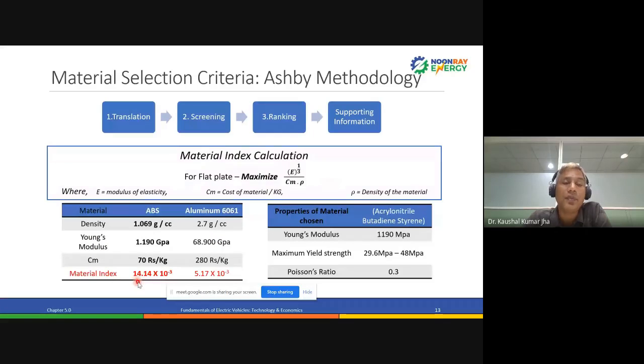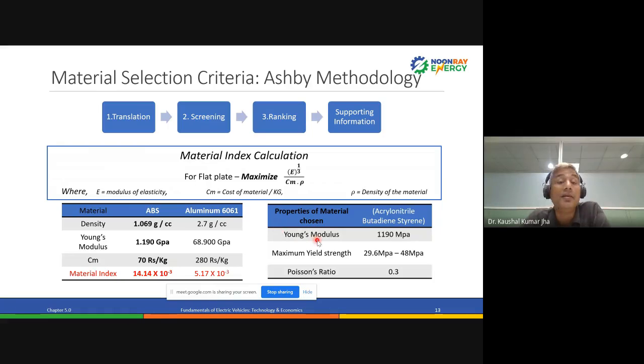So even though aluminum has much more strength, or Young's modulus I'd say, I still choose ABS because the cost and the weight are also playing a very important factor here. And with that, ABS has come out as a better material than aluminum if these three parameters have to be satisfied. Now, once we have the material index done, then we have selected a material.